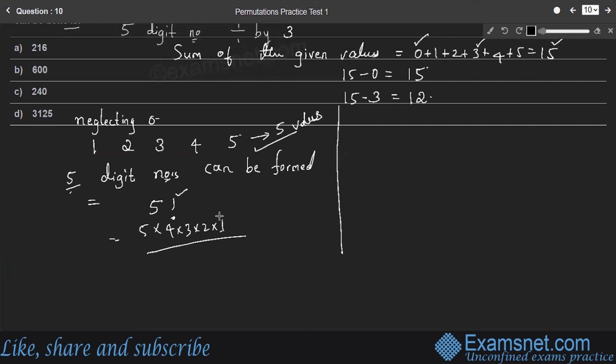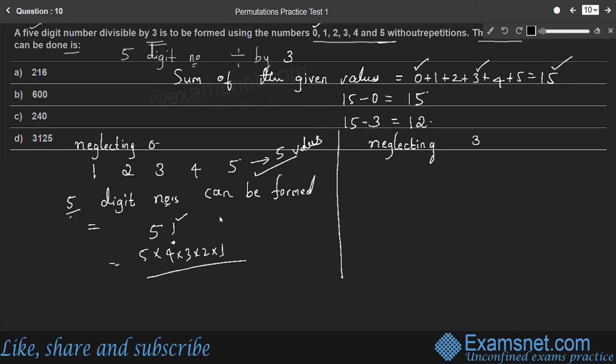The second method is another way: neglecting 3. Neglecting the value 3, the remaining values are 0, 1, 2, 4 and 5.